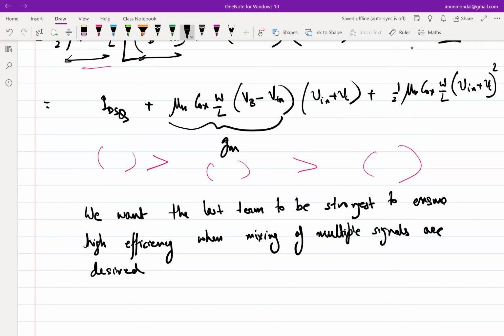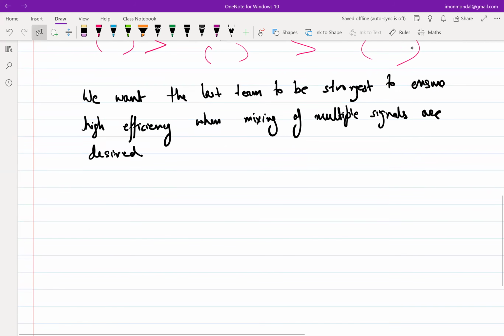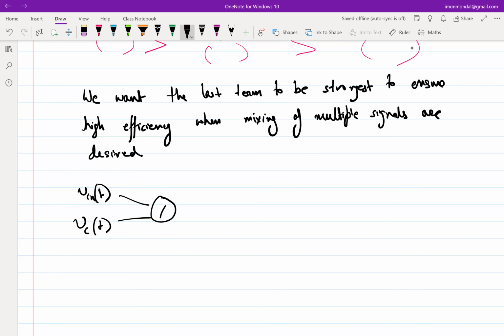So if I have one signal Vin(t), and I have another signal Vc(t), essentially what we are trying to do is get a mathematical multiplication going, and this output, Vin(t) times Vc(t), will have a frequency which is different from either of Vin(t) or Vc(t), assuming both are not DC to start off, right?